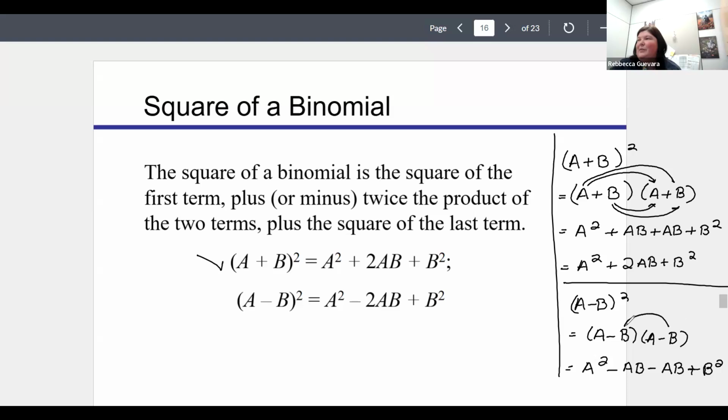Because remember that negative b and that negative b together will turn into a positive. So we're going to get a squared minus 2ab plus b squared. That is where this part comes from as well.